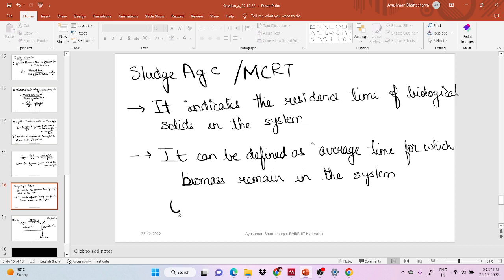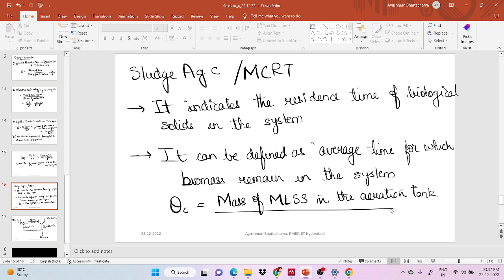So here you can say theta c is equal to mass of MLSS in the aeration tank divided by mass of MLSS leaving the system per day.